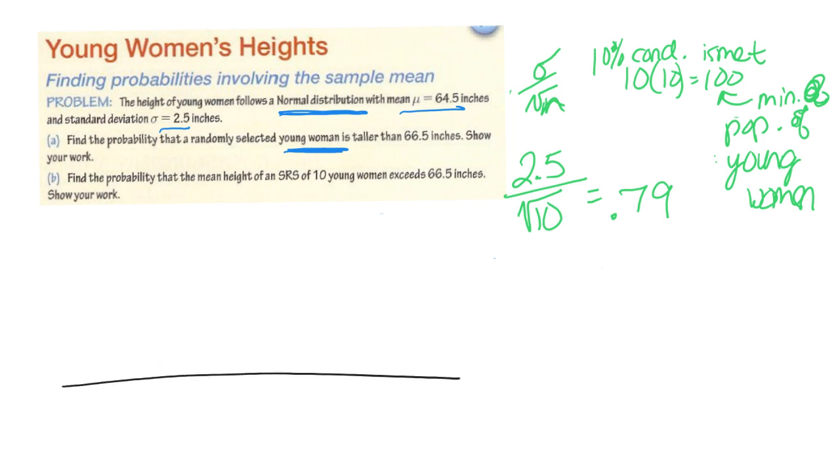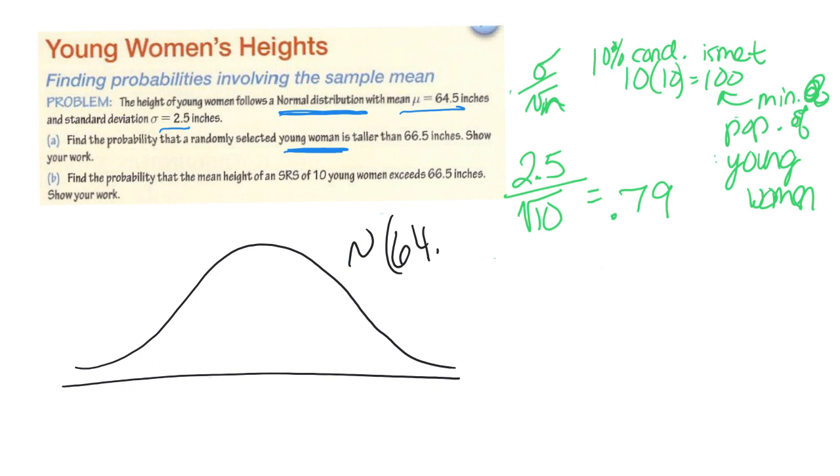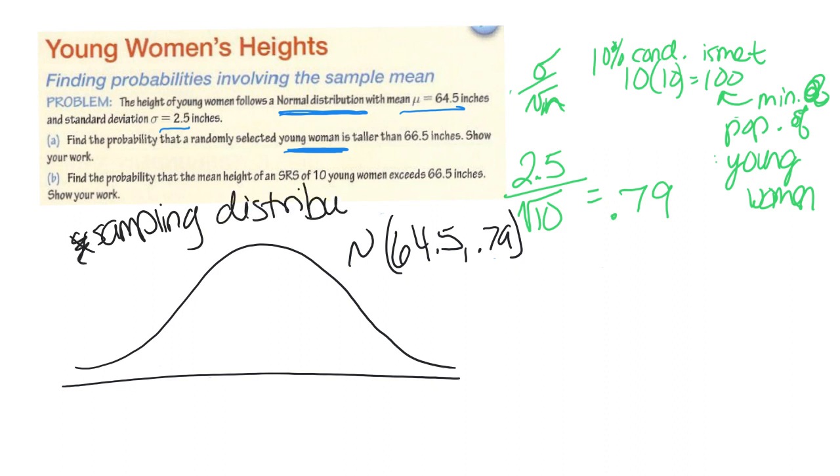So now I have a new curve, right? It's still approximately normal. My mean is still the same, but now I have a new standard deviation. And remember, this is my sampling distribution curve. This is going to be the shape if I took a bunch of different samples.